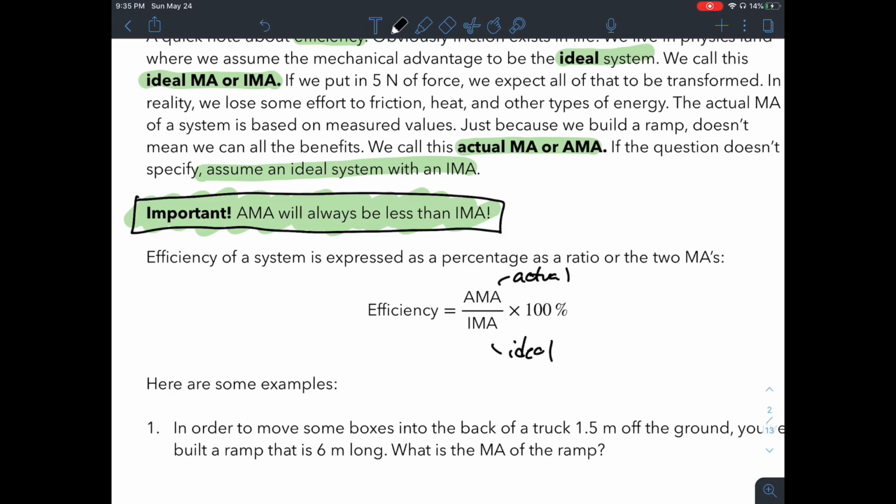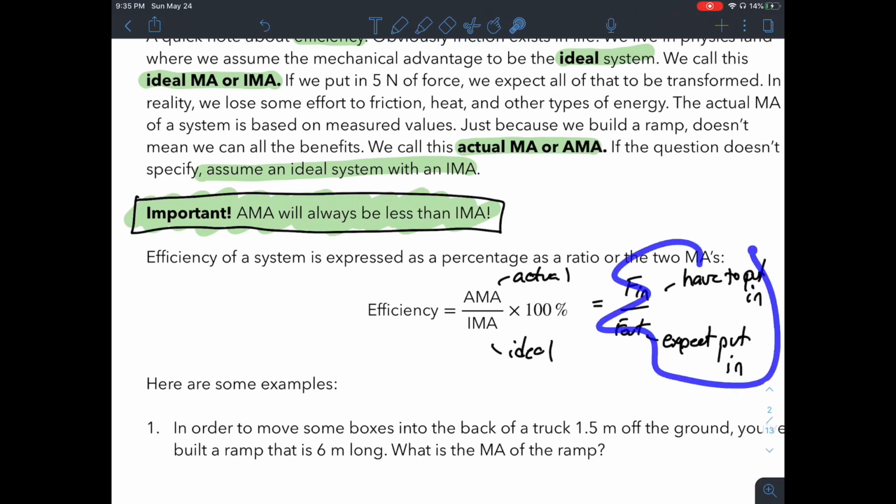You can also find efficiency with forces, where you're looking at your input force divided by your output force, what you expect to put in and what you actually have to put in. I don't love doing it this way. It's possible. I like comparing the mechanical advantages because it just makes more sense that way. But again, it's just ratios, so you can do whatever you'd like.